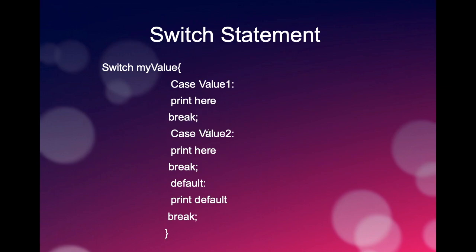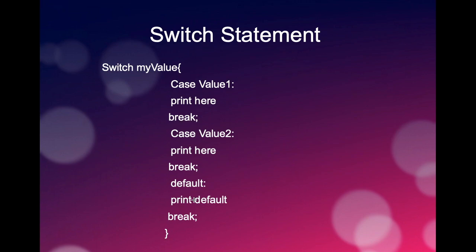And the next case matches my value: if my value is 2, print here, and then break. If the values are not matched, value 1 or value 2, it shows the default value. The default is here, print default. Okay, this is the syntax.